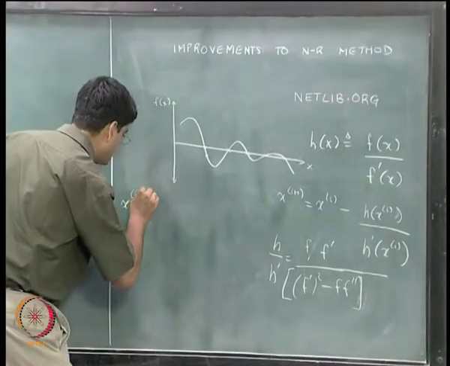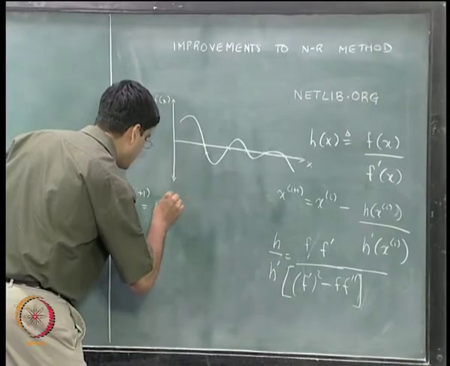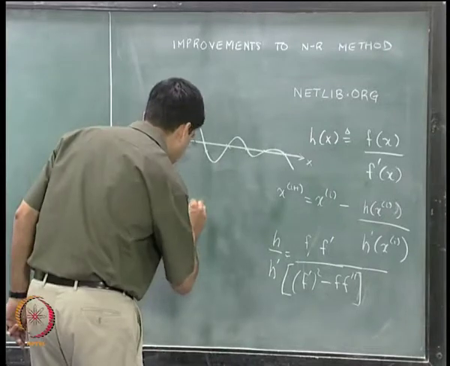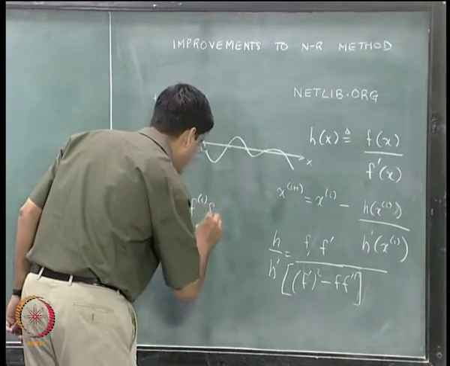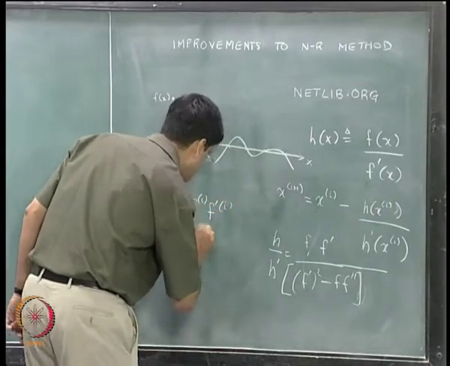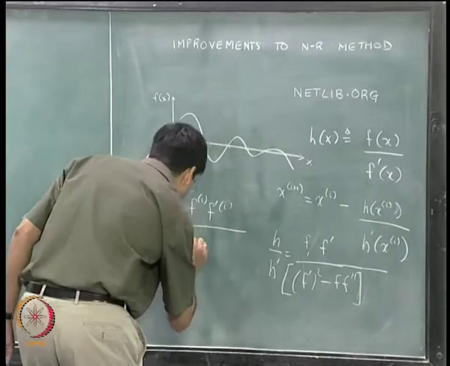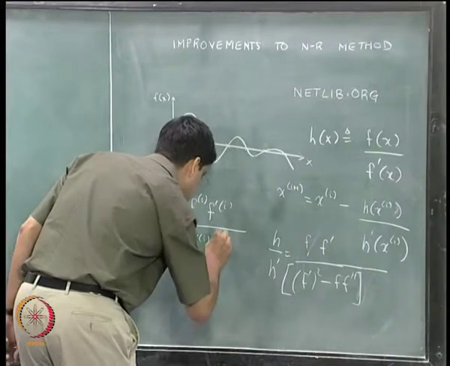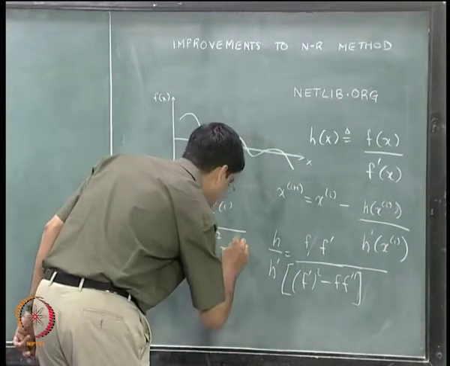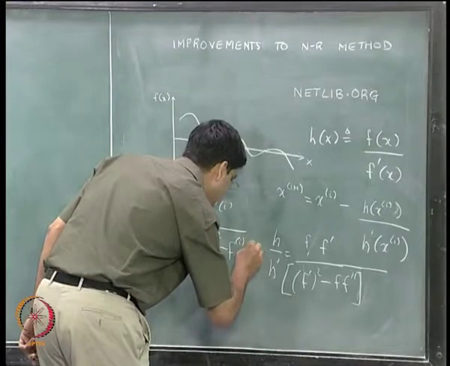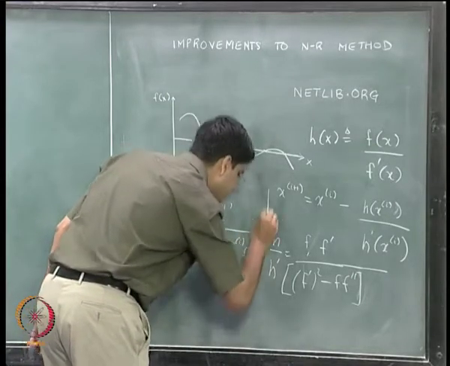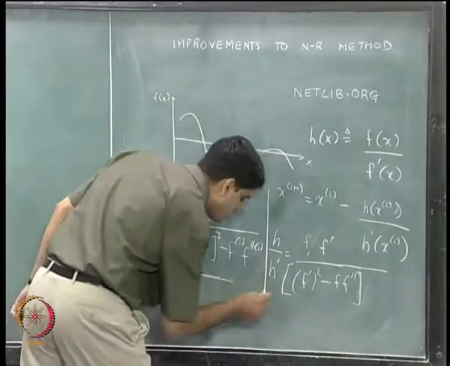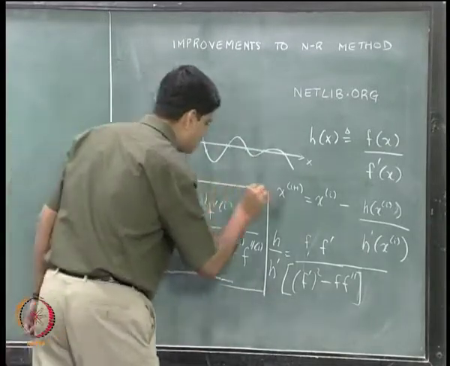But what we can get is x i plus 1 equal to x i minus f i f prime i divided by f prime i squared minus f i f double prime i, and this is going to be our improved Newton-Raphson method.